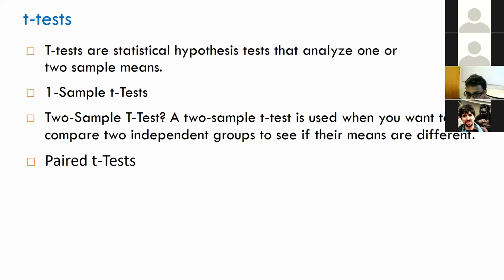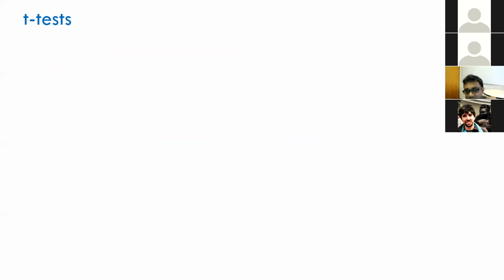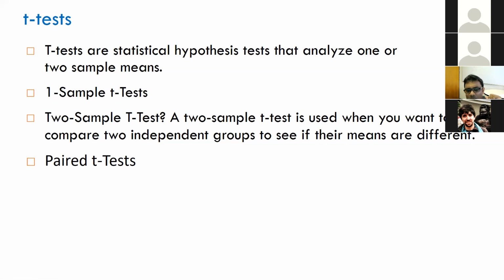One main thing that students always get confused about is paired. They cannot identify the correct paired t-test. A paired t-test is about how the data in your experiment is paired. I will get back to that later because I really want to explain the difference between two sample and paired t-test.